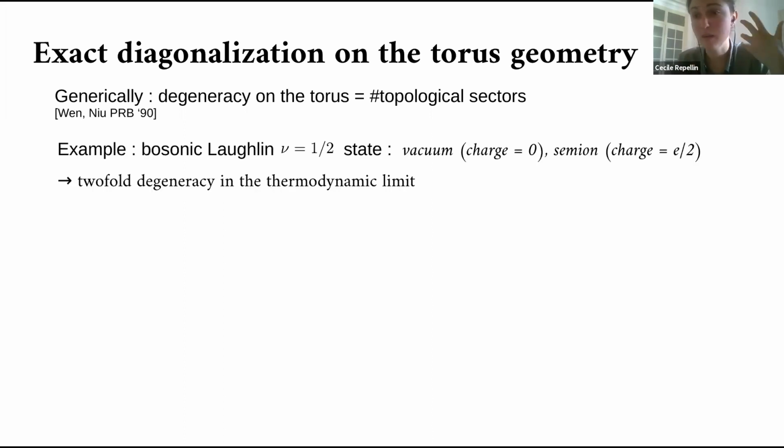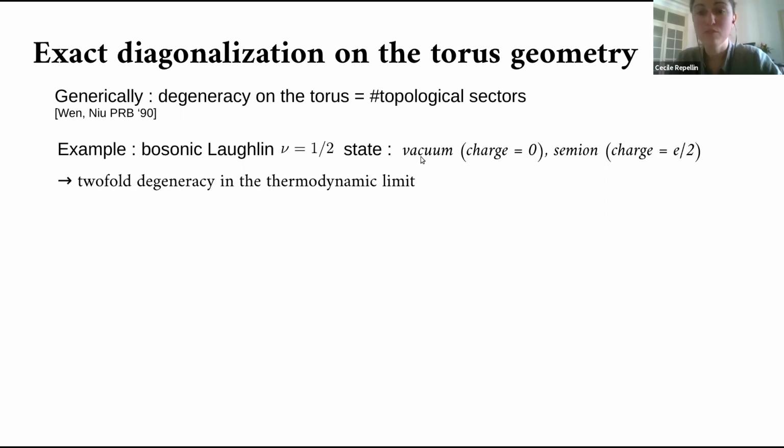I'm going to use again that example of the bosonic Laughlin 1/2 state. There are two topological sectors in that case, which are the vacuum and the semion. So really what you're doing when you're counting the number of topological sectors is you're counting the number of different anyons or different excitations in the system.